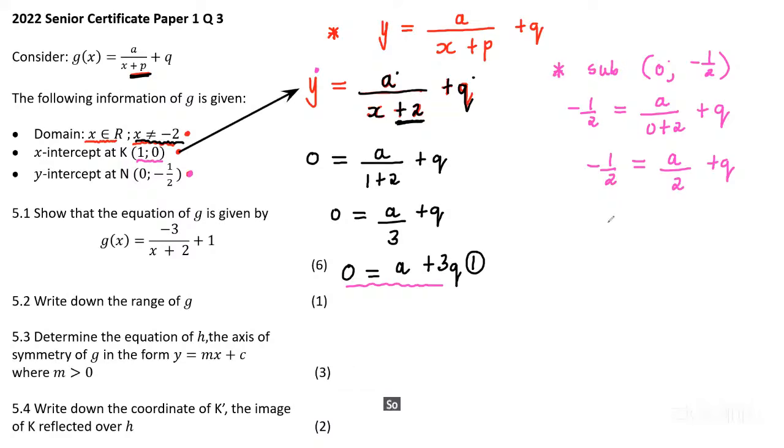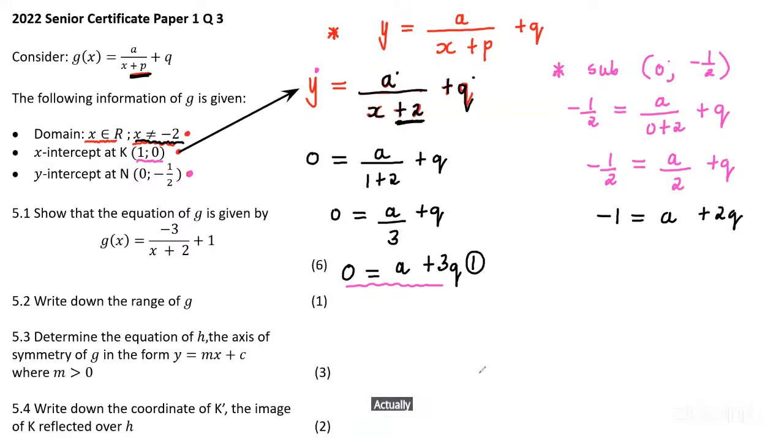So negative half times 2 is negative 1. A over 2 times 2 is a. And then 2 times q is 2q.